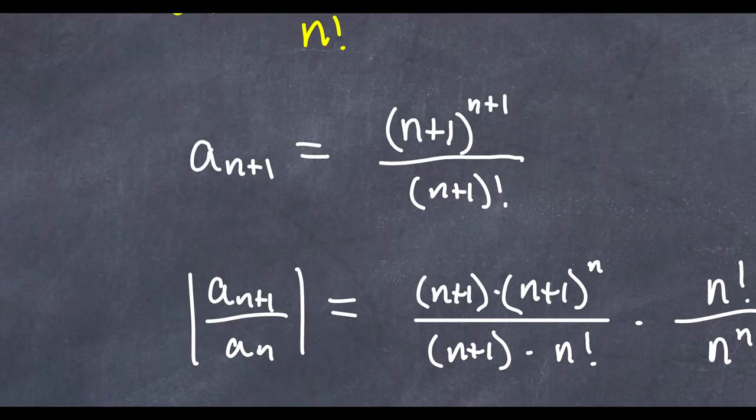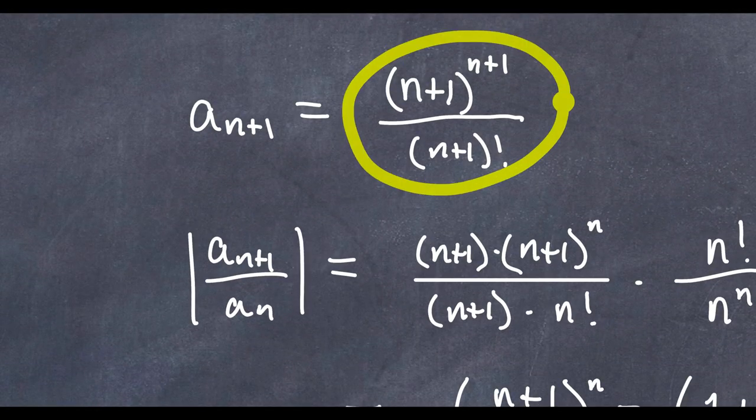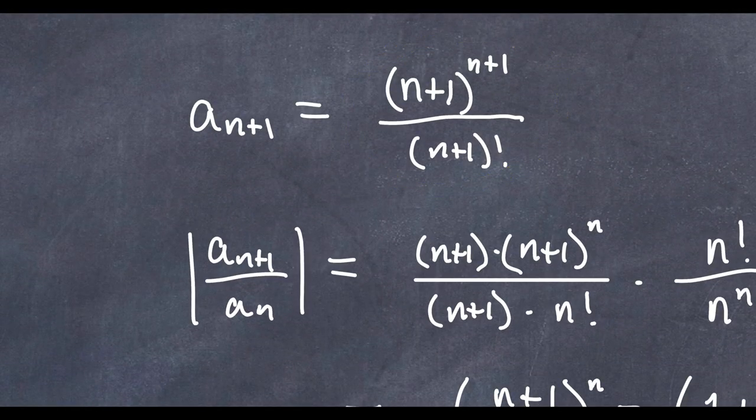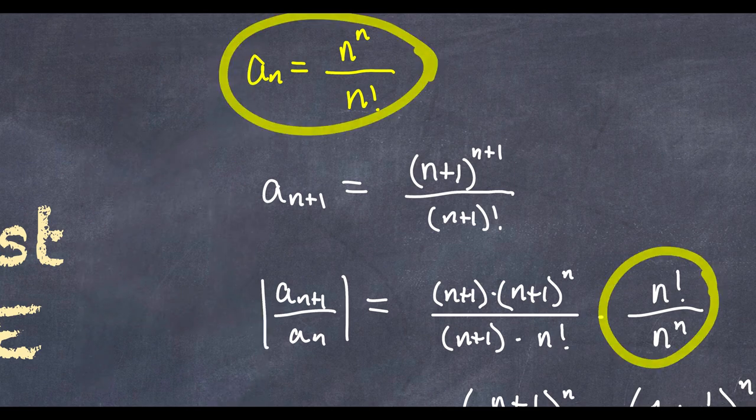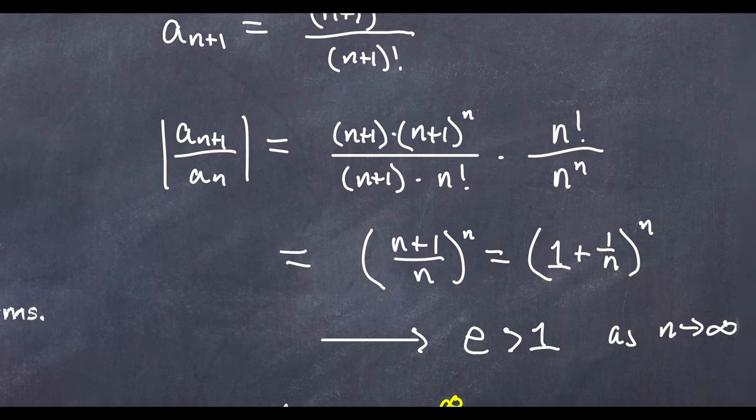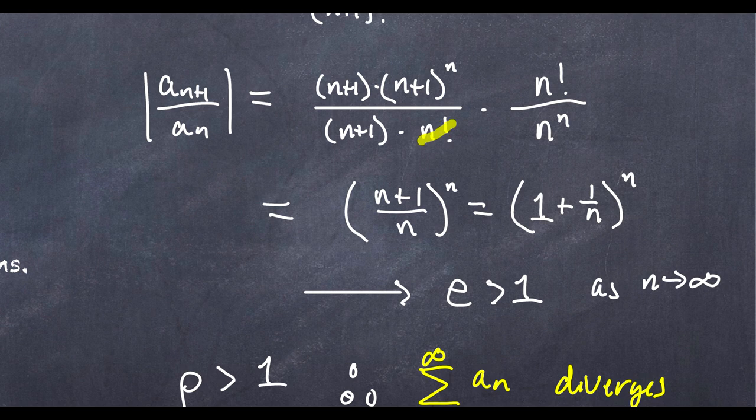In setting up the ratio, do some clever algebra to clean things up a bit. Pull off one of the bases and times the base raised to n copies. Same story on the factorial. Here was the original term. Write down its reciprocal. That leads to nice cancellations.